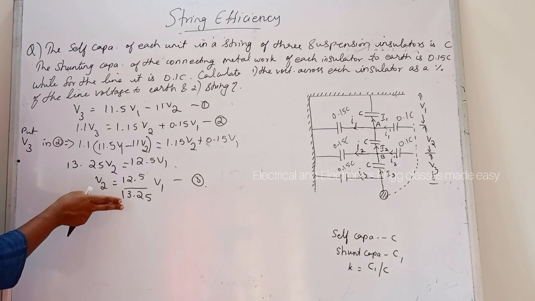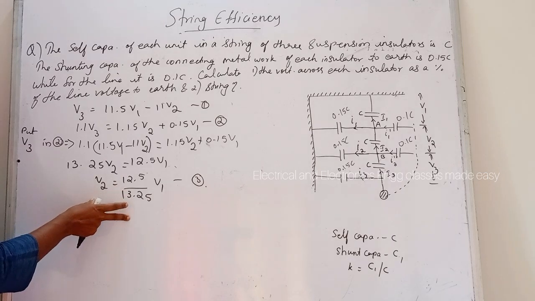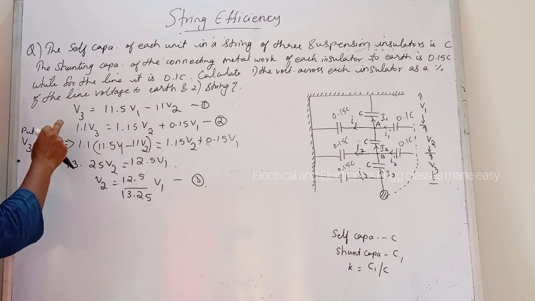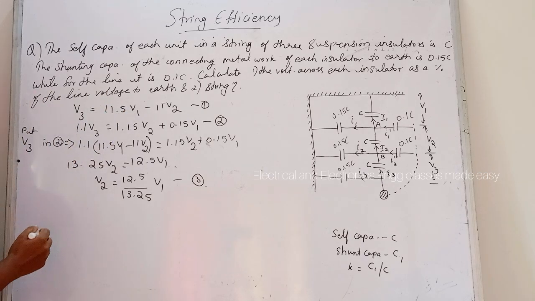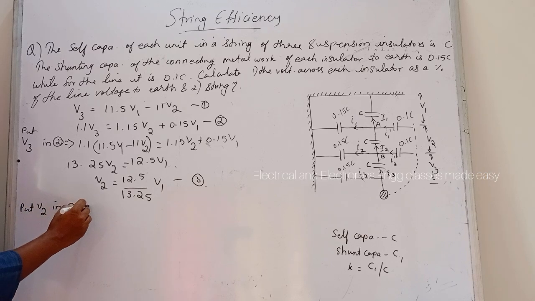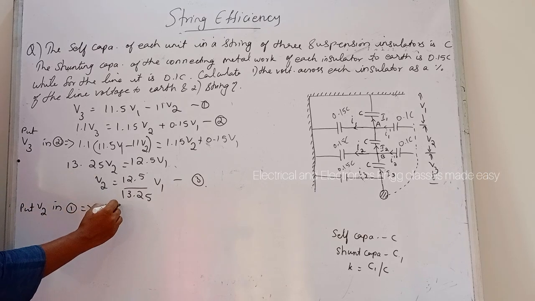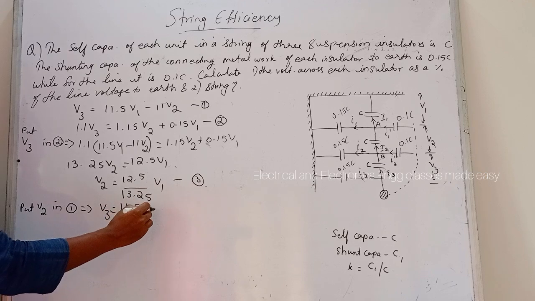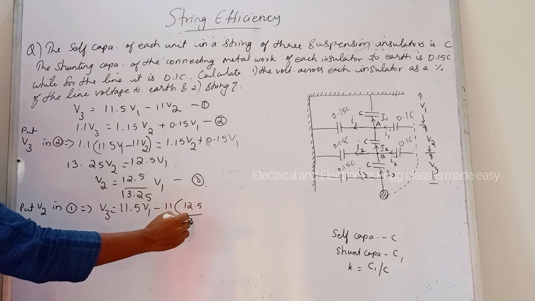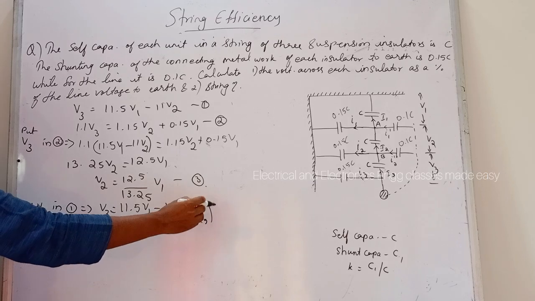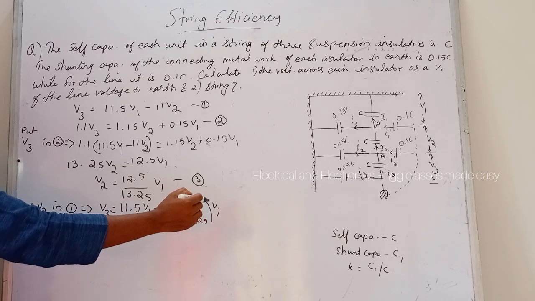Now we can put the value of V2 in equation 1 to find the value of V3 in terms of V1. So we will get V3 is equal to 11.5 V1 minus 11 into 12.5 divided by 13.25 into V1.